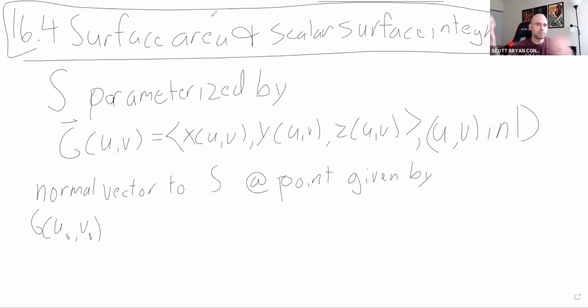So if we pick specific values for u and v, and we look at the point on the surface corresponding to that, the normal vector to the surface, or the normal vector to the tangent plane to the surface at that point, is the partial of g with respect to u at u naught v naught cross the partial of g with respect to v at u naught v naught.